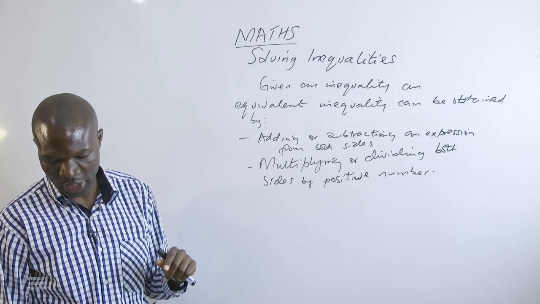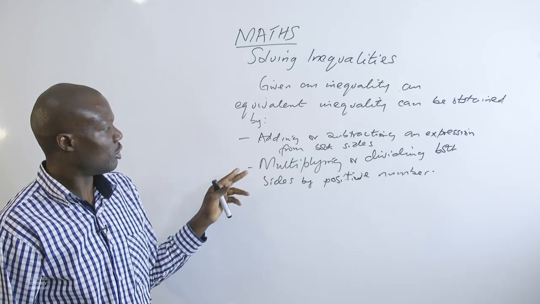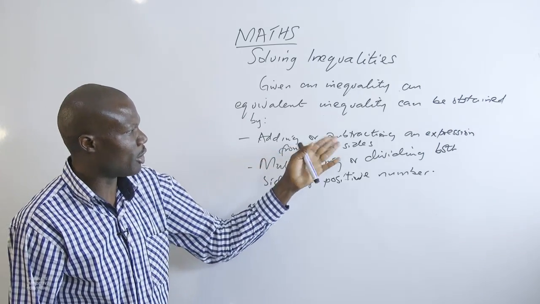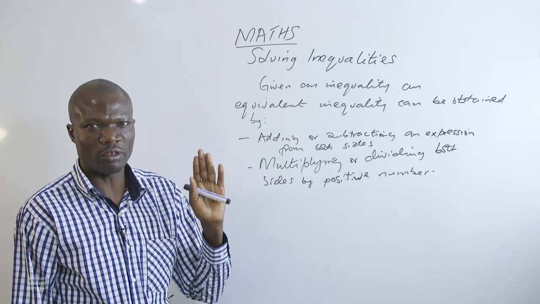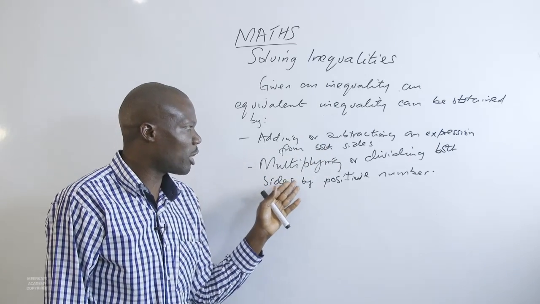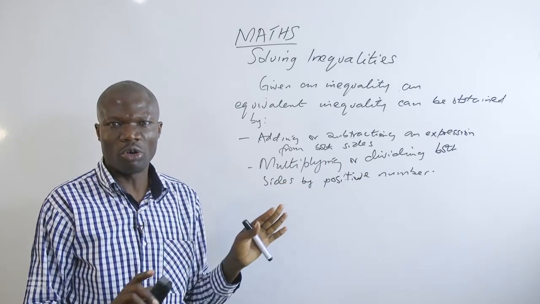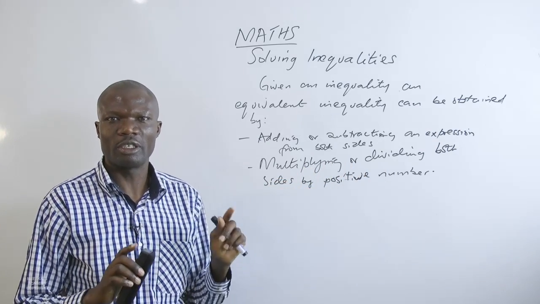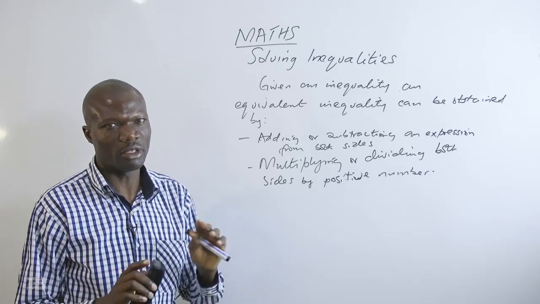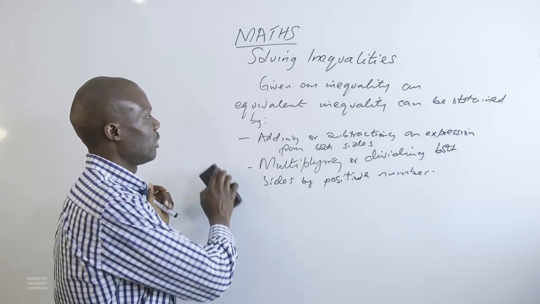But adding and subtracting an expression from both sides, and multiplying or dividing both sides by a positive number, will always keep an inequality equivalent without changing anything.